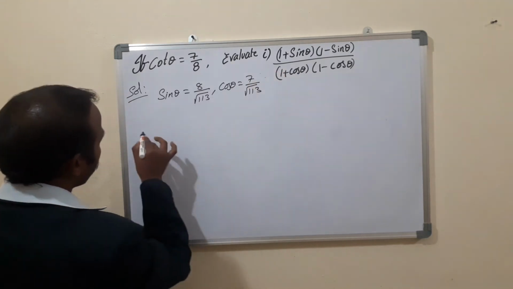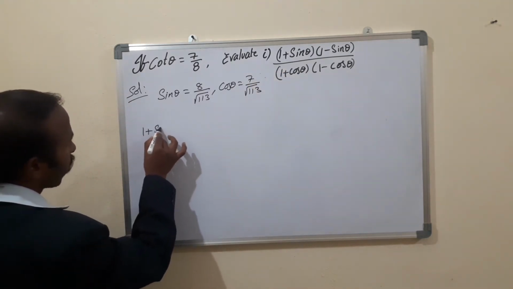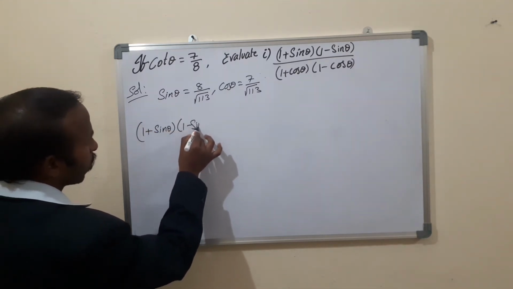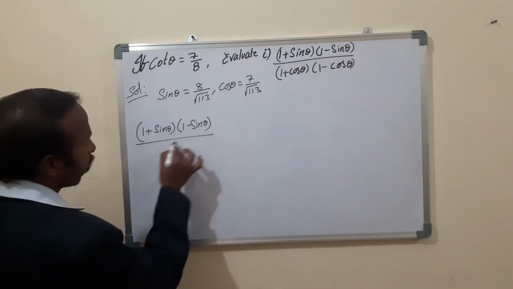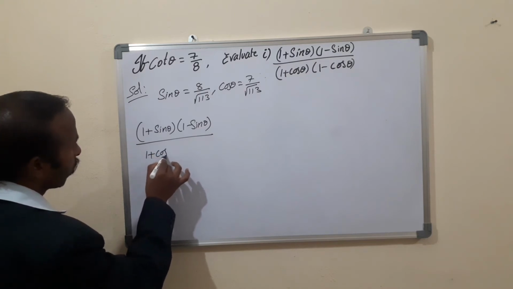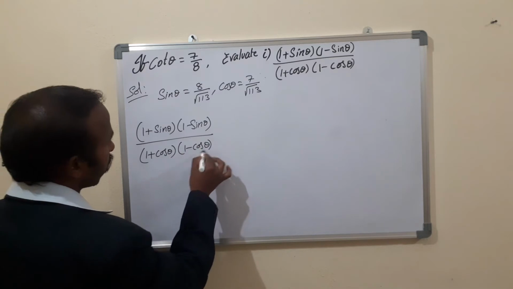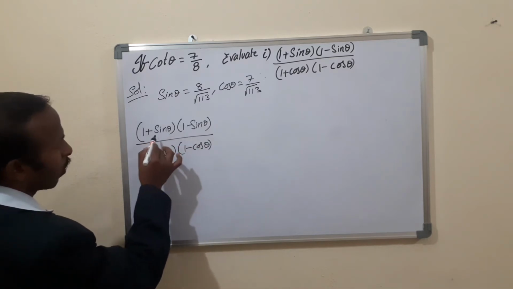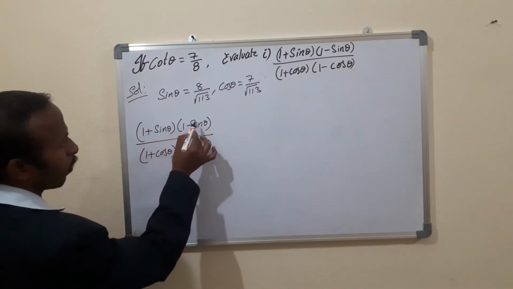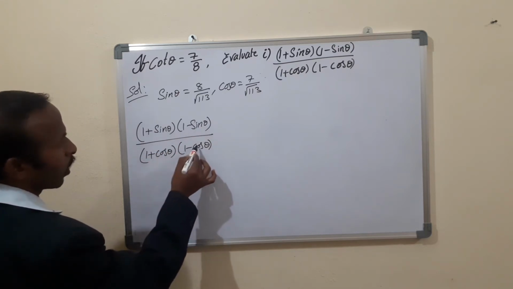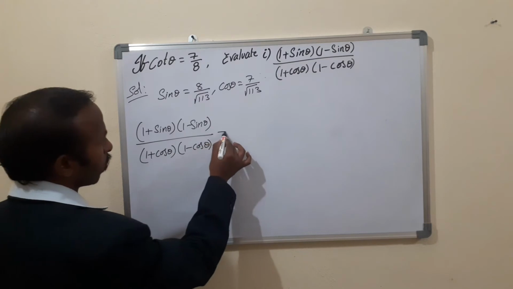Now the question is 1 plus sin theta into 1 minus sin theta by 1 plus cos theta into 1 minus cos theta. See here, if you observe carefully, this is a plus b into a minus b. This is also the same way, a plus b into a minus b. What is the formula for this?